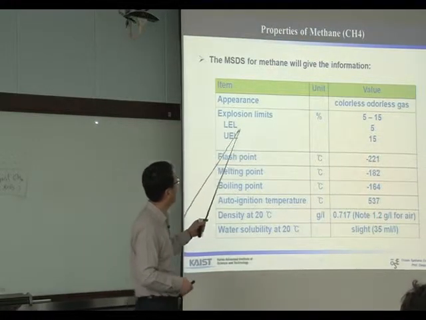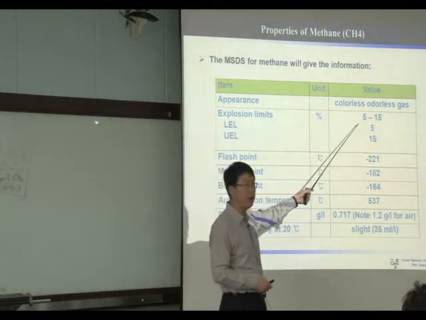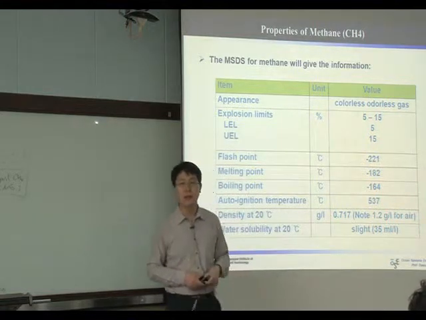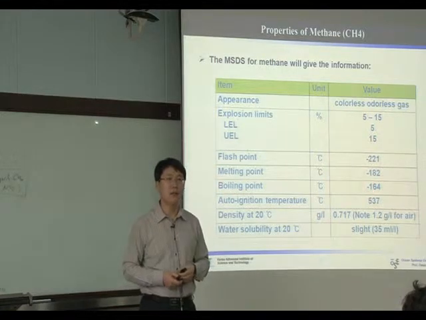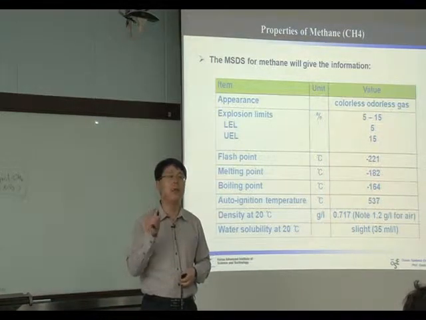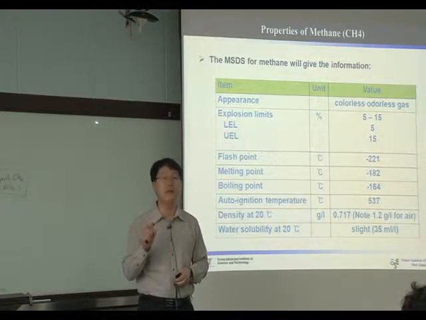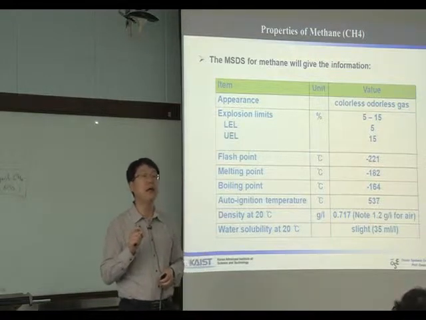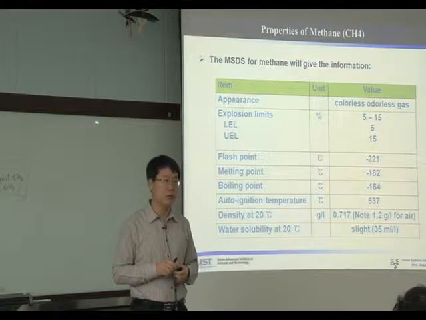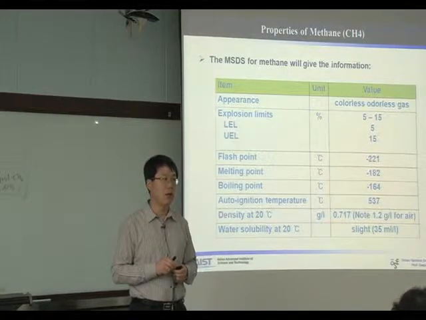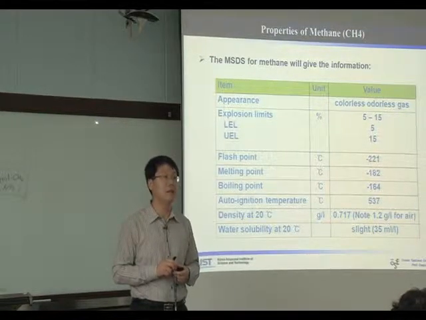So here we have two values. One is LEL, 5%, and UEL is 15%. That means if the methane concentration is greater than 15%, we cannot ignite the mixture because of lack of oxygen.